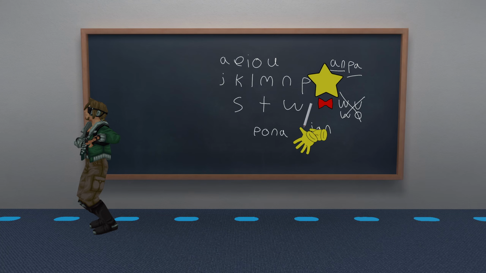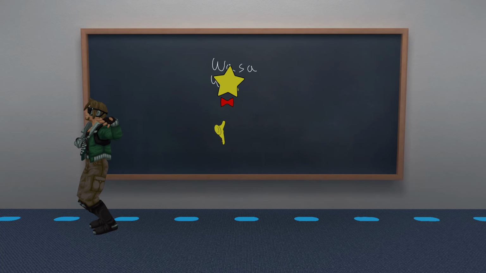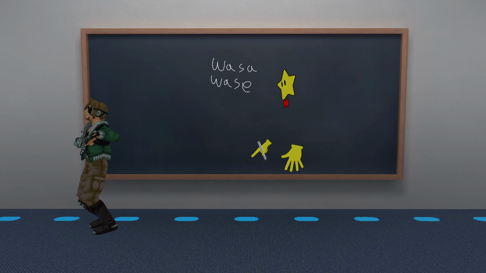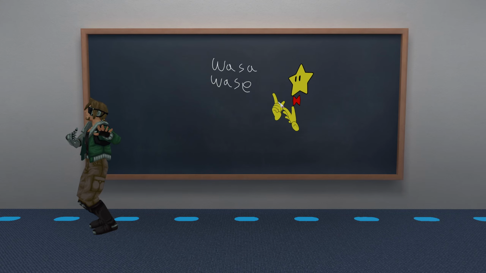So Rachel could become W-A-S-A, or maybe W-A-S-E, Wasa, or Wase. The idea is that it's not going to look quite the same, and it's not going to sound quite the same.